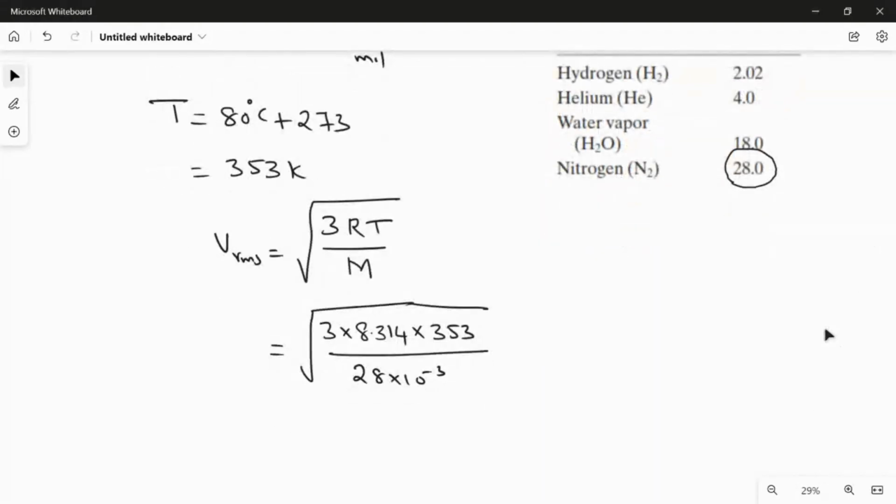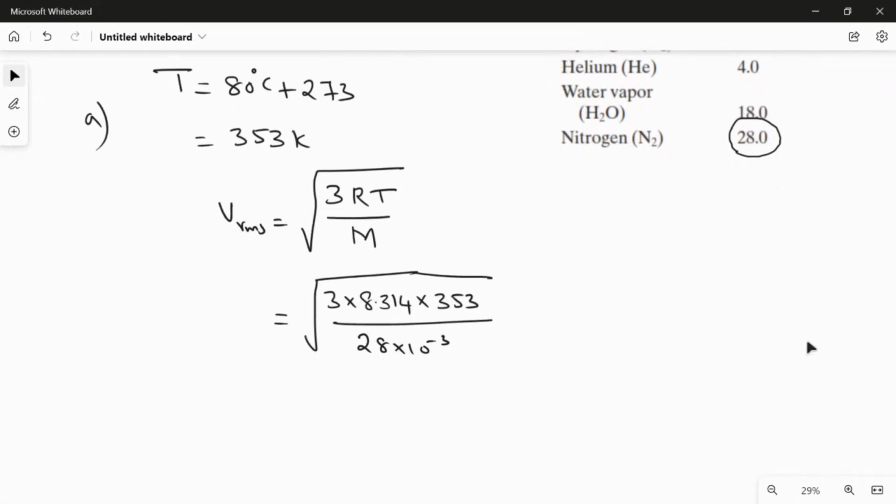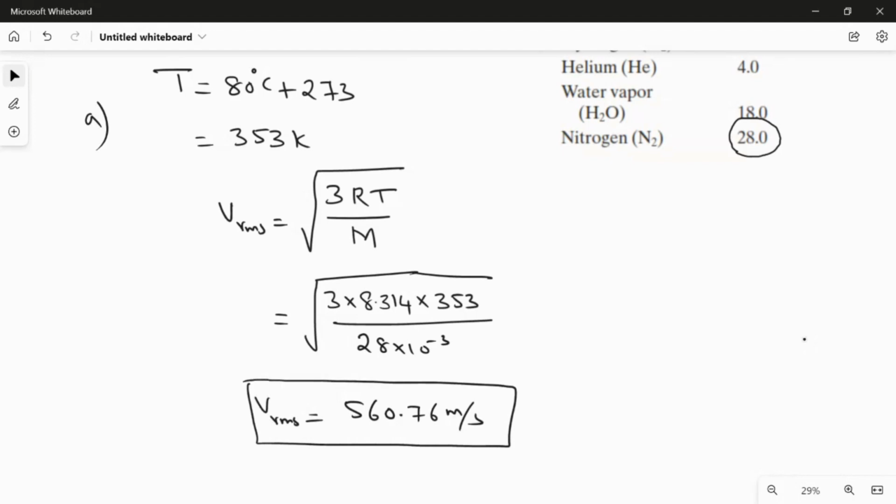I got the answer: VRMS is equal to 560.76 meters per second. So this is the answer for the first question.